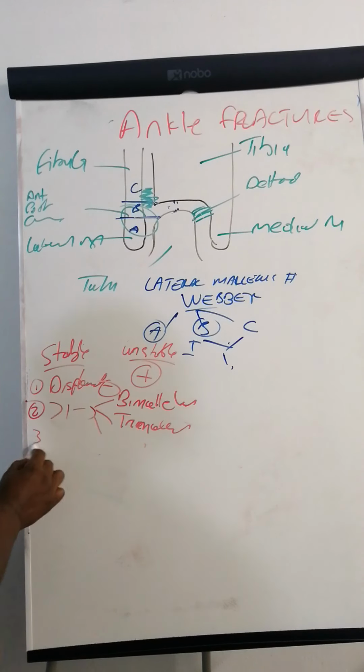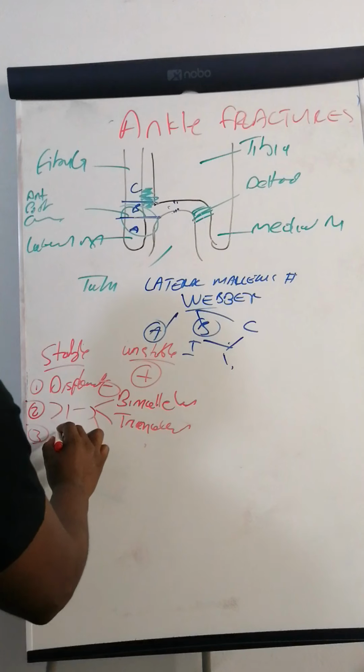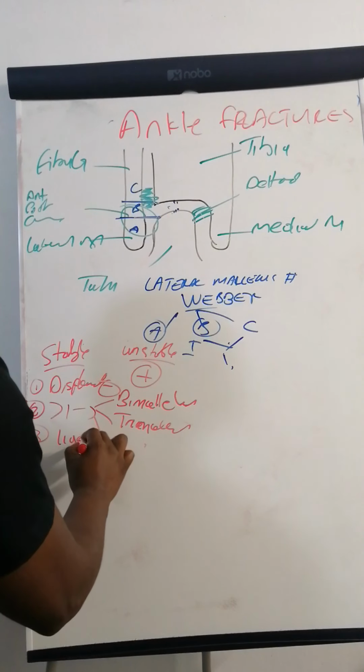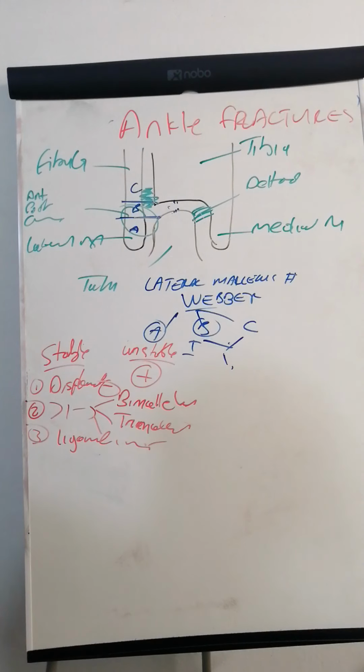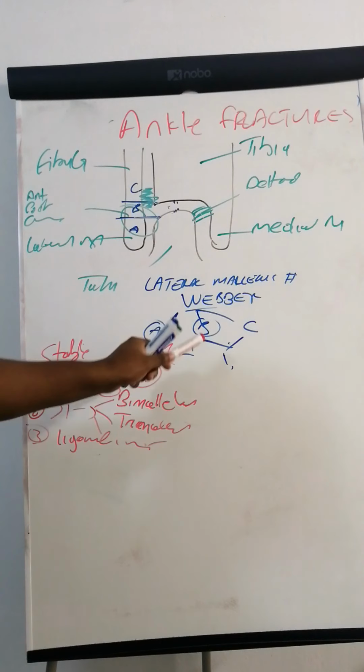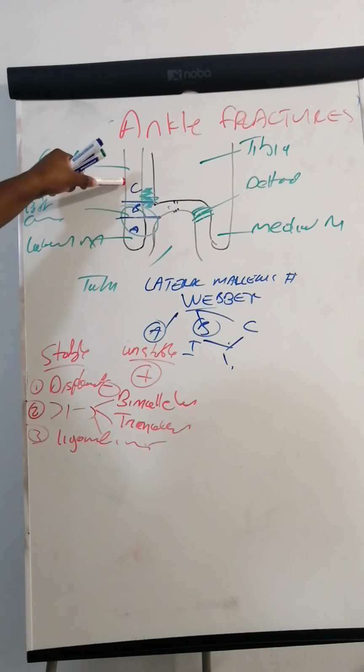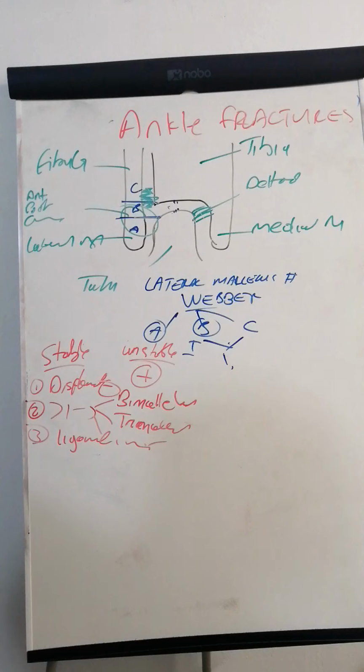Number three, another thing that makes you say a fracture is unstable is when you have got ligament involvement, be it your deltoid, be it your syndesmosis, as long as you've got ligament involvement. Like a Weber C, we are referring a Weber C because there's ligament involvement there.